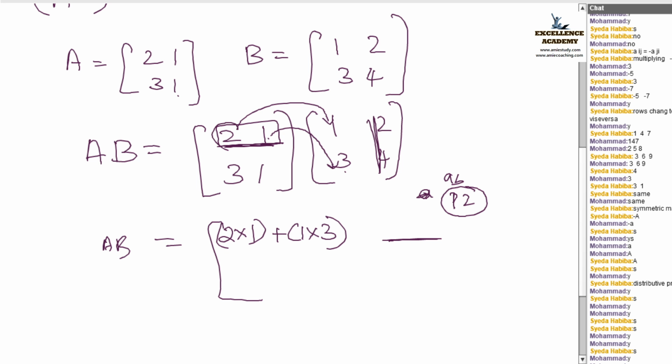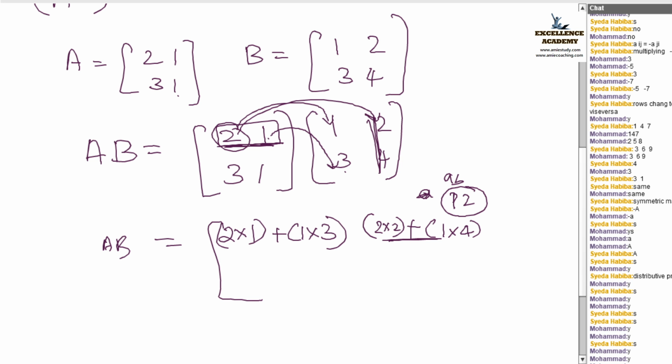So first row means 2 into 2, that is 4. 2 into 2 plus, what about the next one? Plus 1 into 4. Clear? Is the multiplication clear to you all? Yes, Saida, is it clear?